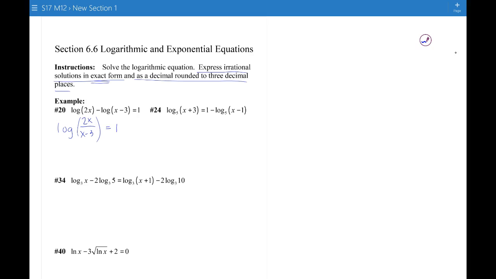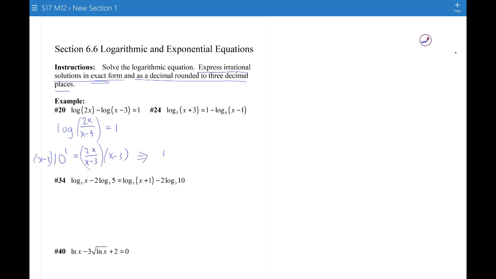Now I can see that there's no base written, so that means it's base 10. So now I write it in exponential form: 10 to the 1 equals 2x over x minus 3. If you ever have a variable in the denominator, you're going to want to multiply both sides by that denominator, because that's the only way to get the x that you're after out of the denominator.